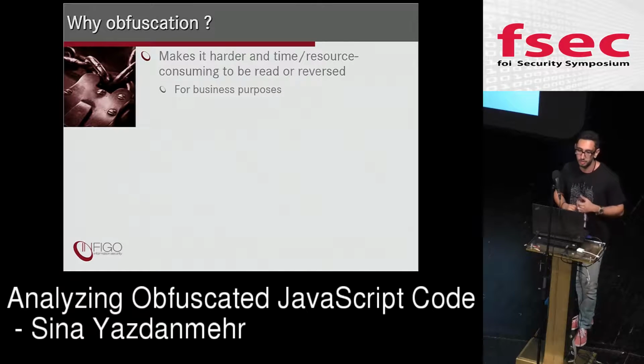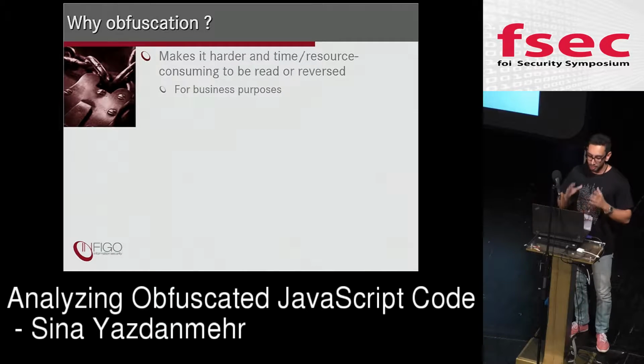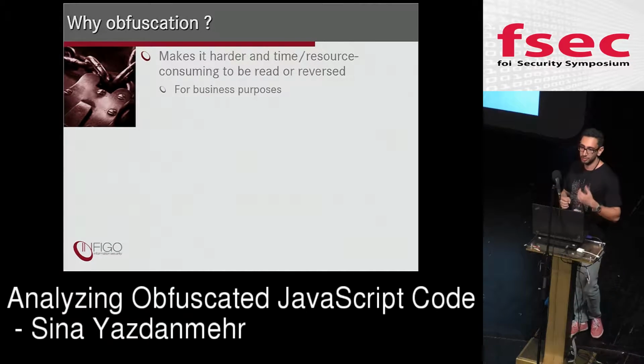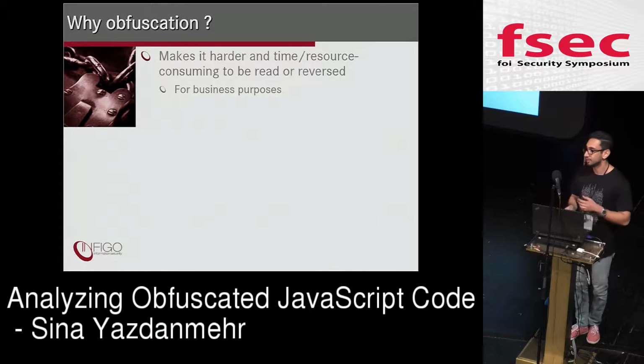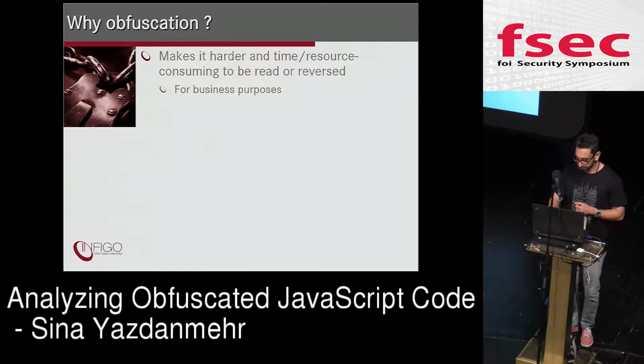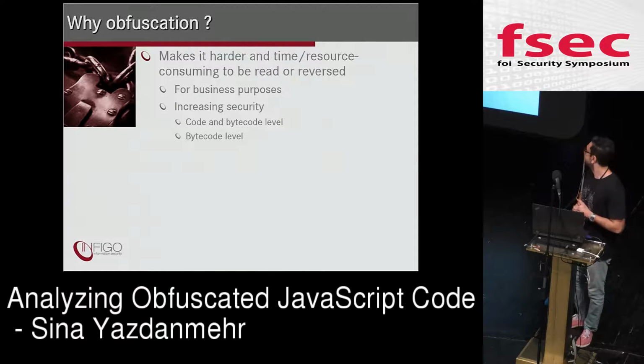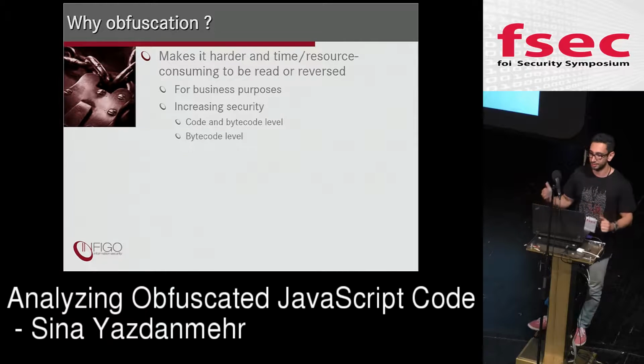For example, when a developer or a company produces a new library or application, it can use obfuscation to prevent unauthorized access to its source code. Of course, for licensing implementations, vendors may use these obfuscation methods to prevent unauthorized usage of the application. Obfuscation can also help increase security, since it makes the code harder to analyze, so maybe an attacker cannot find some vulnerabilities in your code.